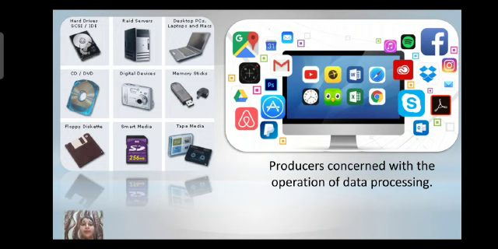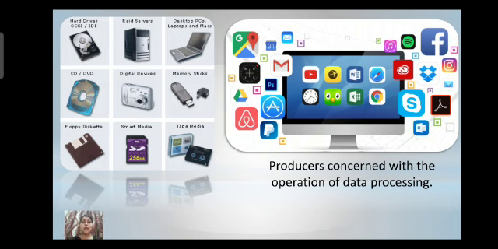Next, children, here is another thing, that is the drives. Can you see this? Hard drive, CD, floppy disk, digital disk, smart media, tape media, memory card, pen drive or desktop or laptops, the memories. Don't you feel it is a kind of thing that can store your data?